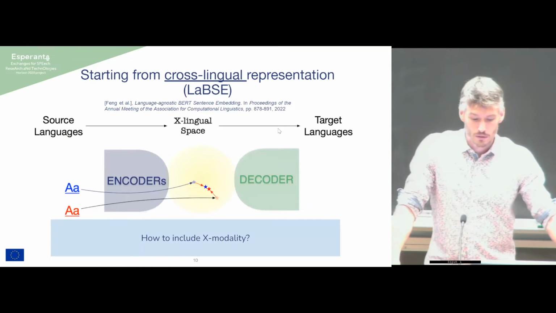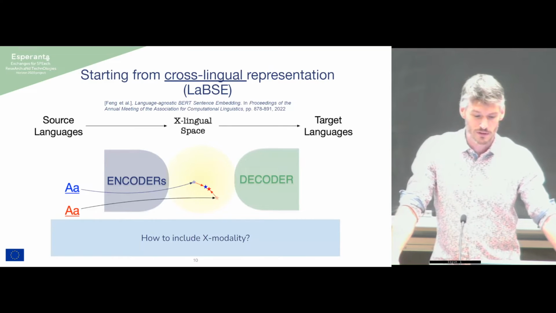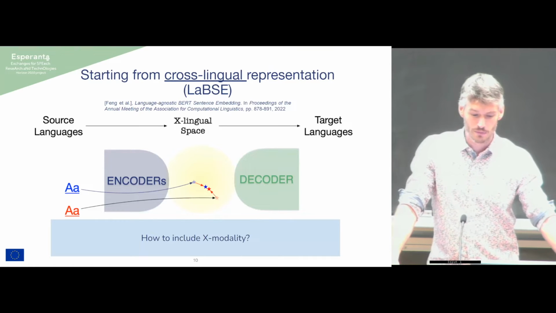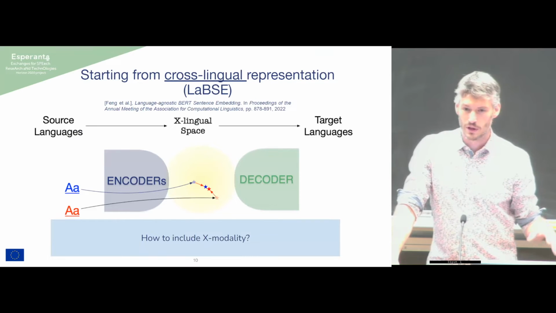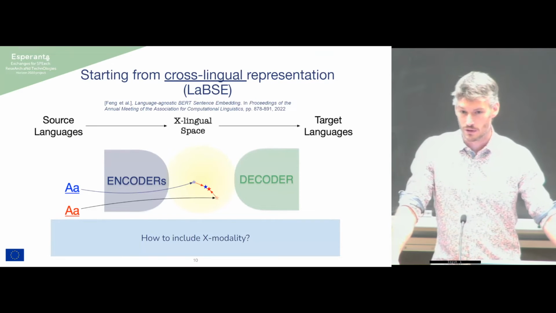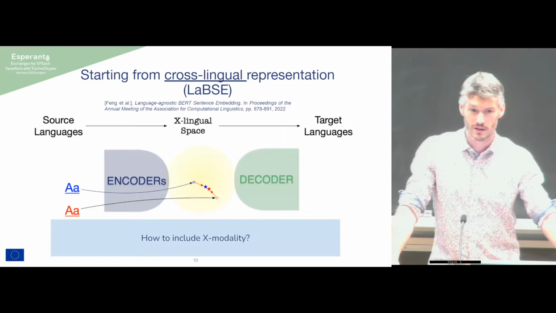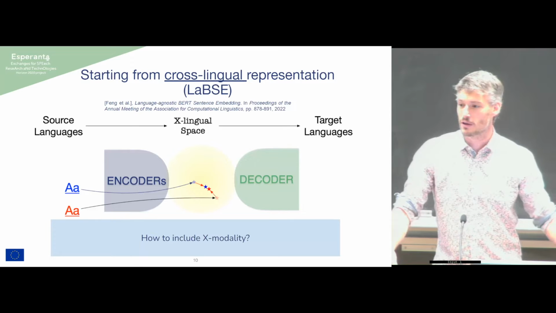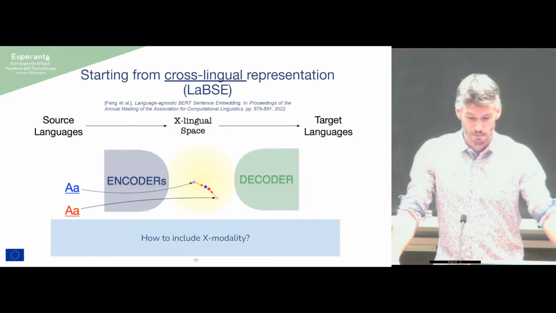So the other point from the technical part, actually, we started from multilingual text modality. So we assumed that we had the LabC system, and this system is able to encode different languages in their written form into a space where they share the semantic information. So if I say, bonjour, je m'appelle Anthony, or hello, my name is Anthony, then the system will bring these two sentences in the same space at the same place.